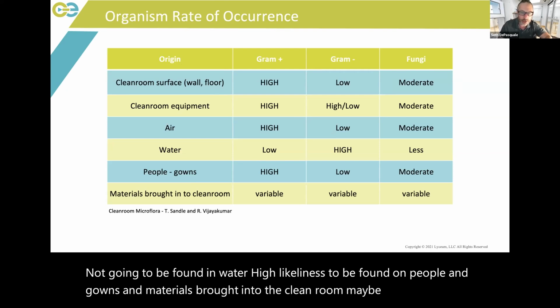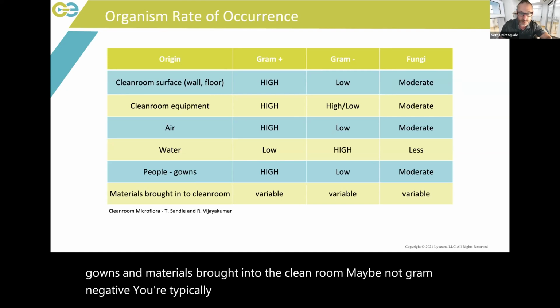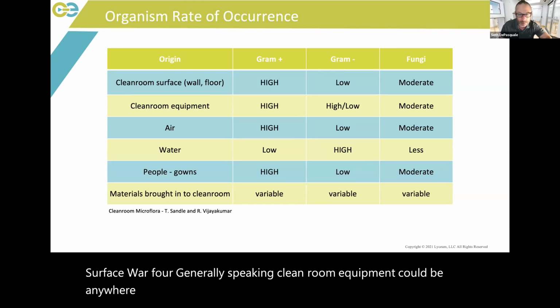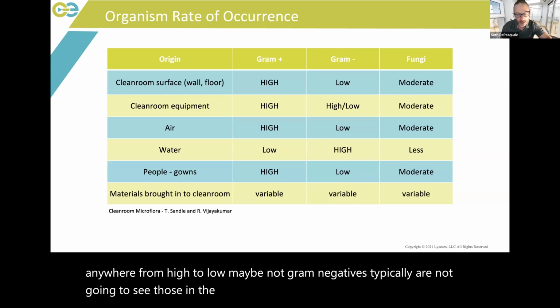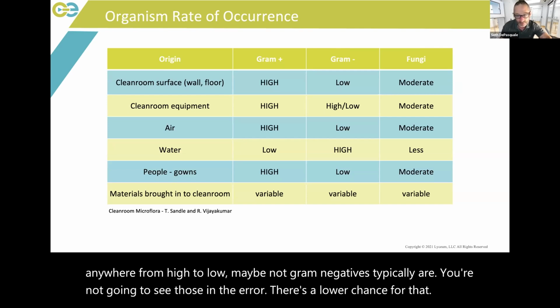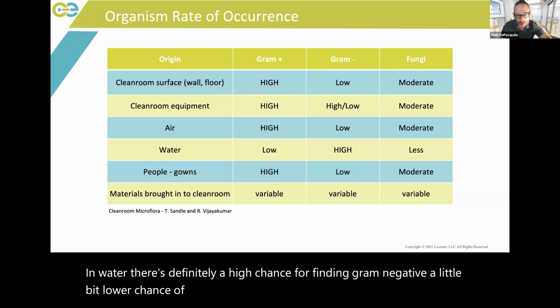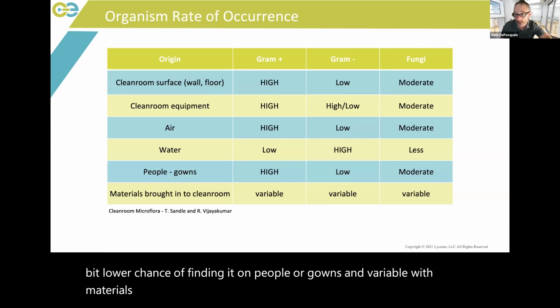Gram negative, you're typically not going to find those on the clean room surface, wall, or floor, generally speaking. Clean room equipment could be anywhere from high to low, maybe not. Gram negatives typically you're not going to see those in the air. There's a lower chance for that. In water, there's definitely a high chance for finding gram negative. A little bit lower chance of finding it on people or gowns, and variable with materials being brought into the clean room. And then fungi is kind of moderate across the board.